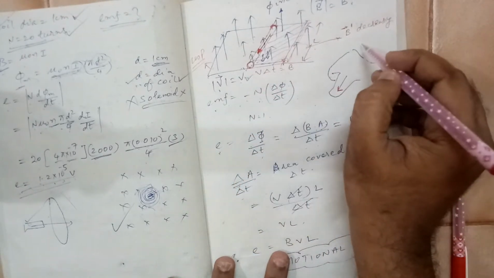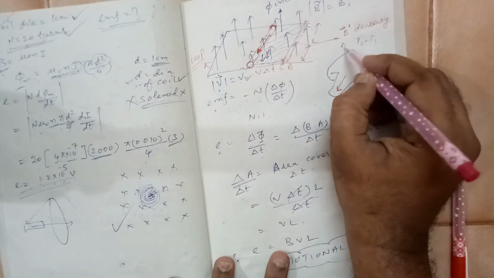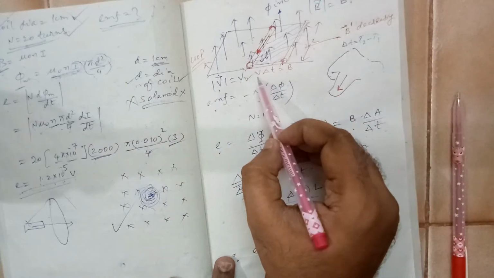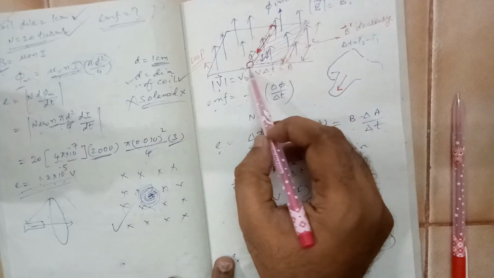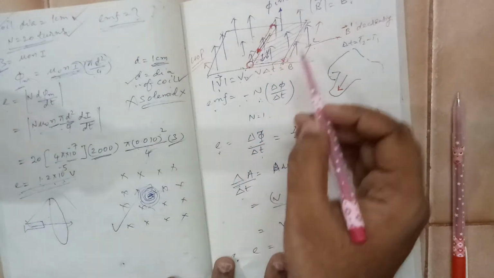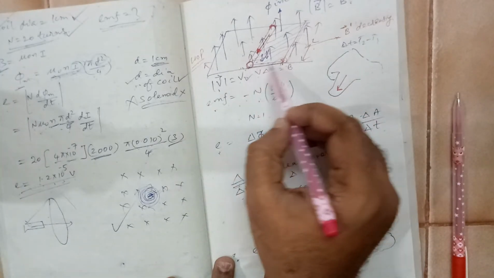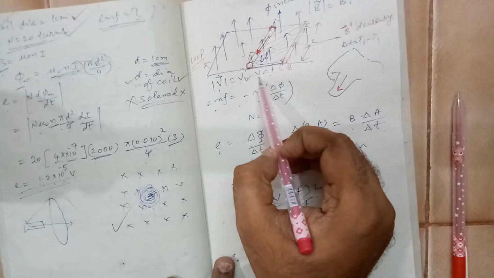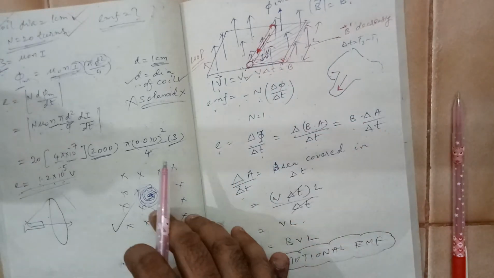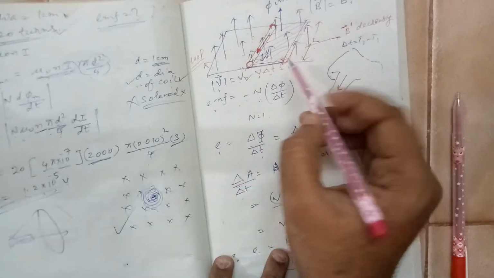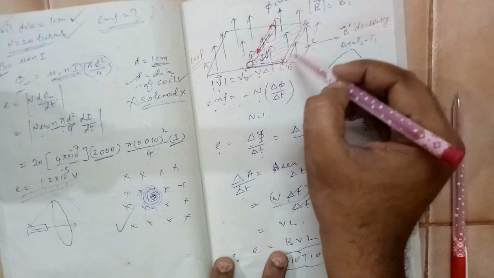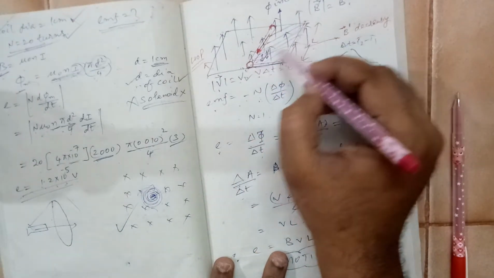So t2 minus t1, if I do, I get delta t. So v into delta t will give me the distance traveled. So this is the dimension I got. Here the velocity vector is perpendicular to the magnetic field vector. I know this dimension. Multiply with this dimension, I will find the area covered.